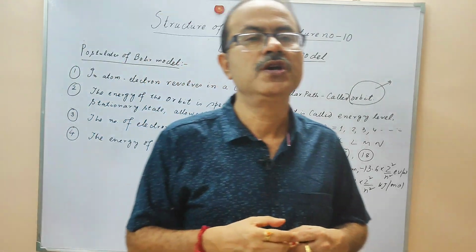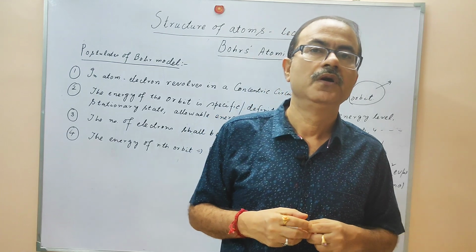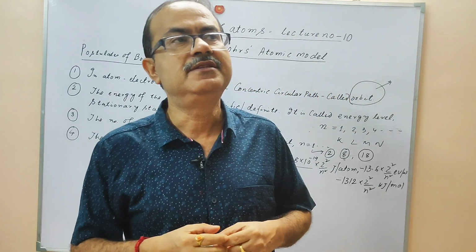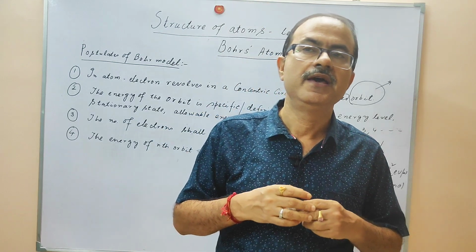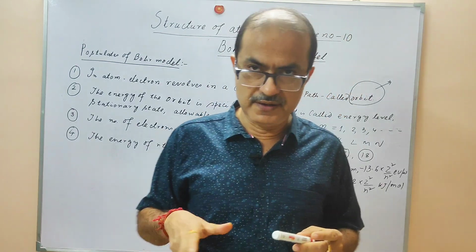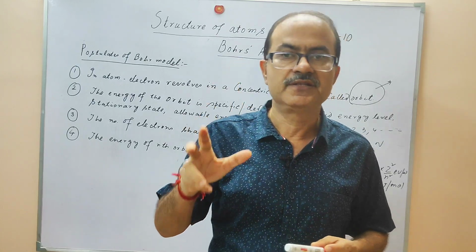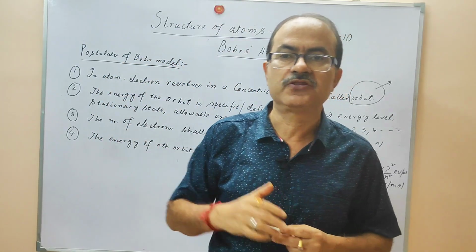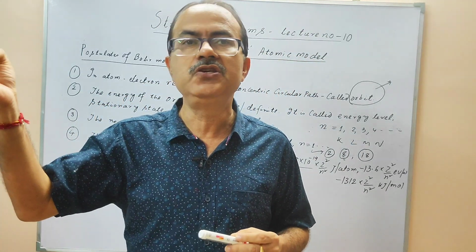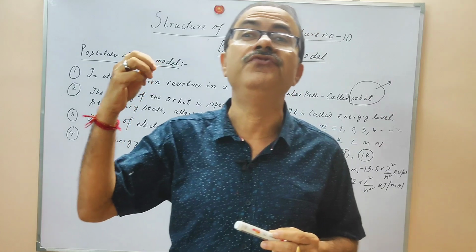This is because when the energy of the stationary state is negative, it means any allowable orbit will have less energy as compared to the energy of the electron which is free, which is at infinity.